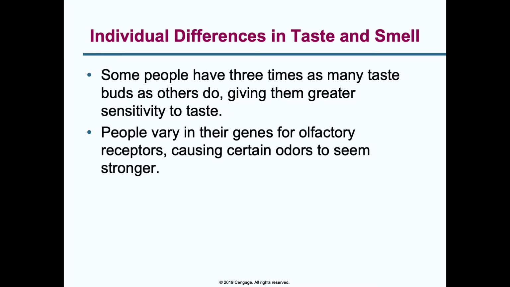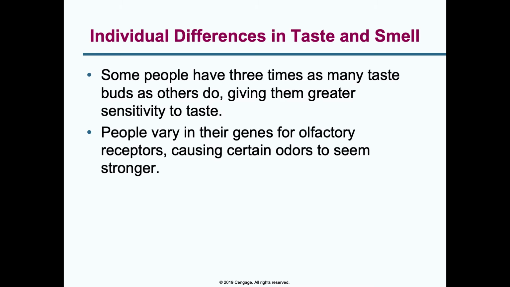And sometimes people have differences in their genes for their smelling or olfactory receptors, where certain odors seem to be stronger. Think about if you have a real strong aversion to a certain odor, but someone else doesn't. That's what your genes actually have an effect on.